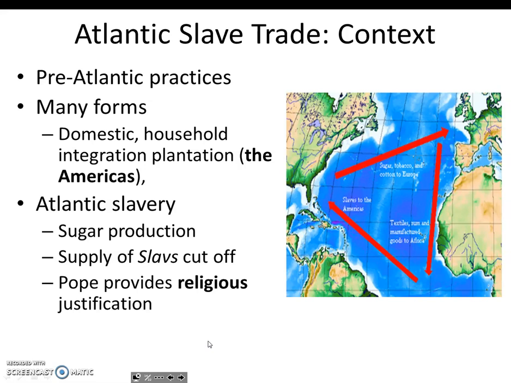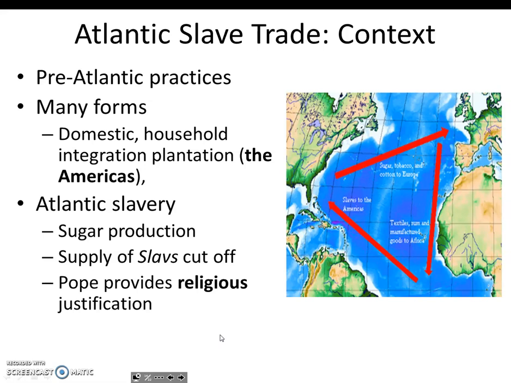Slaves were viewed as ideal, and at first, Slavs were used. Slavs from the Black Sea region provided slaves for Mediterranean sugar plantations. The Portuguese ended up finding an alternative slave source in West Africa. Now, the supply of Slavs really dropped off when Constantinople fell.